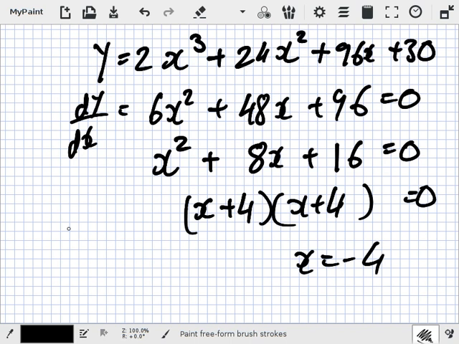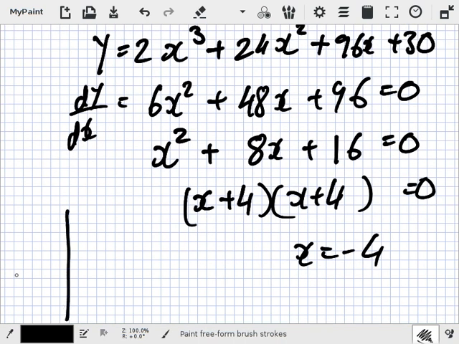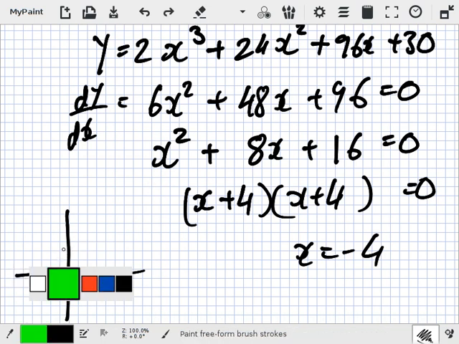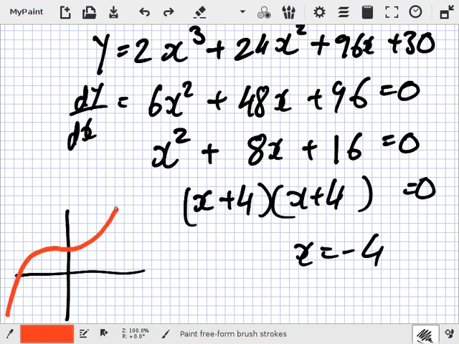Now the reason that there's one solution, it must be that the cubic looks like this. I'll draw it a bit more accurately. Before I draw it in, I want you to look at this and just visualize.